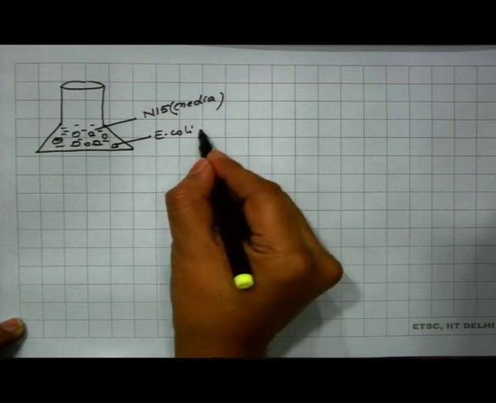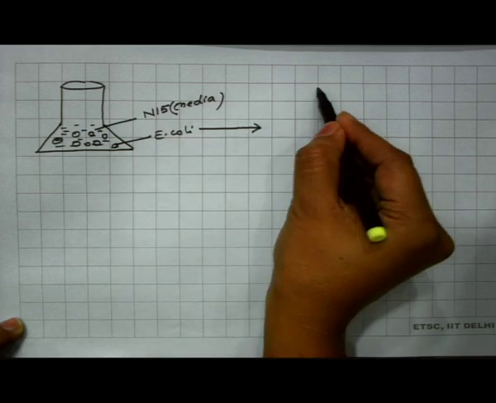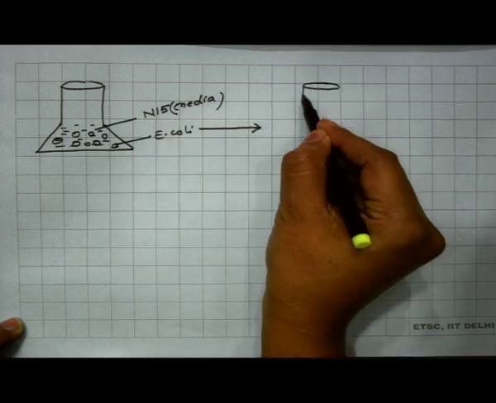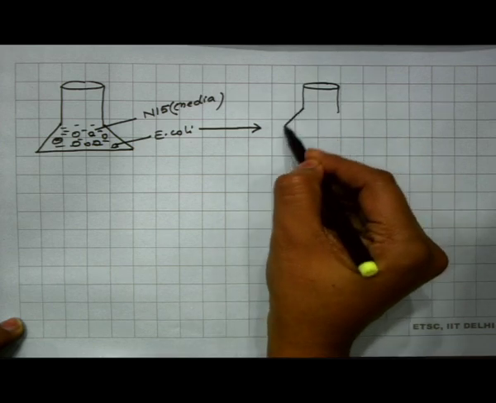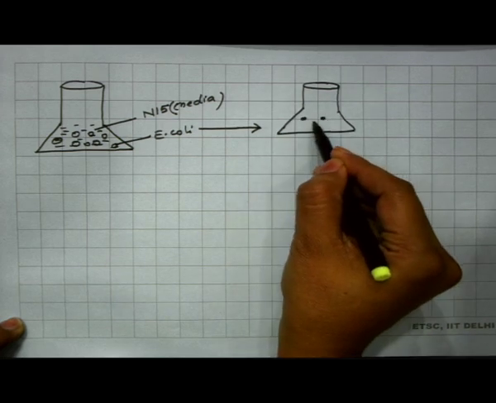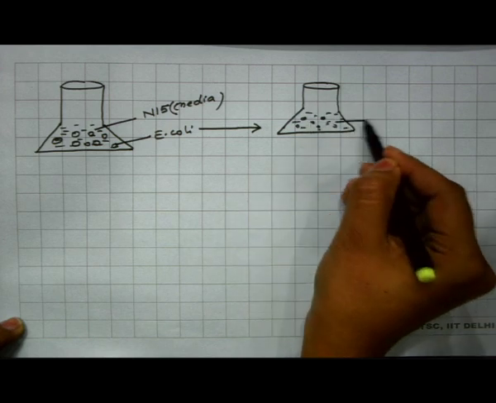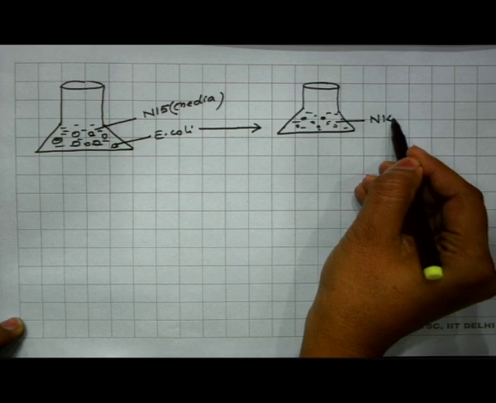After culturing the cells for many generations, they transferred the cells to another fresh media having nitrogen N14.